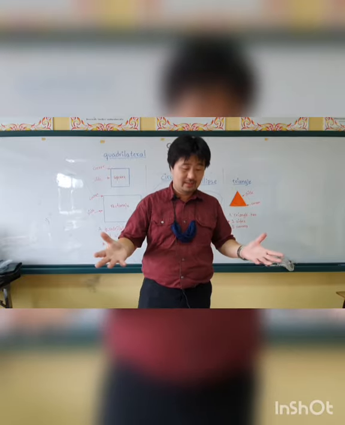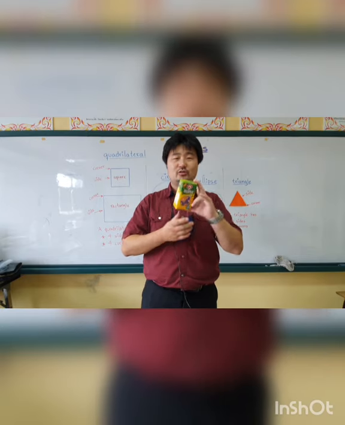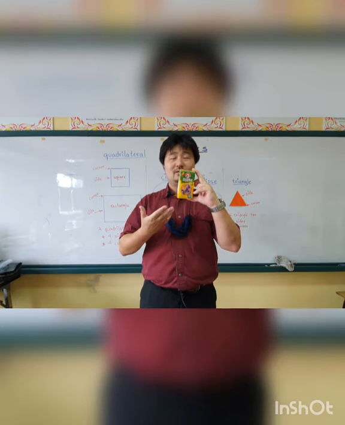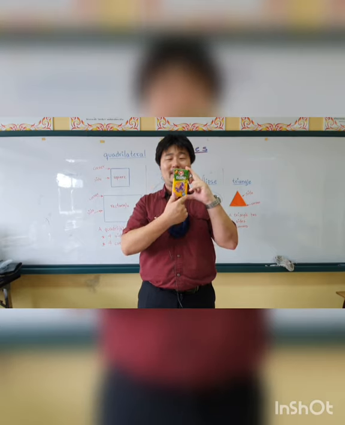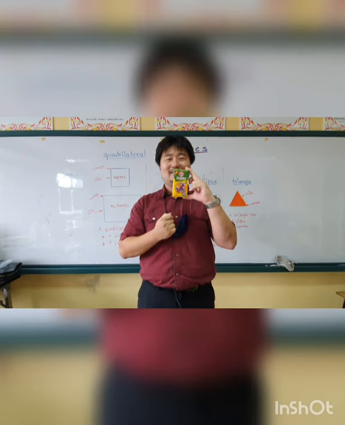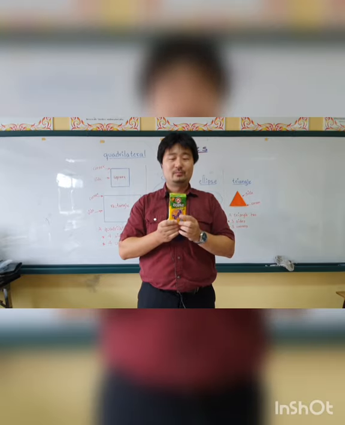Okay, so for example, I have some items I picked up. A juice box. What shape is that? Yes, it is a quadrilateral.